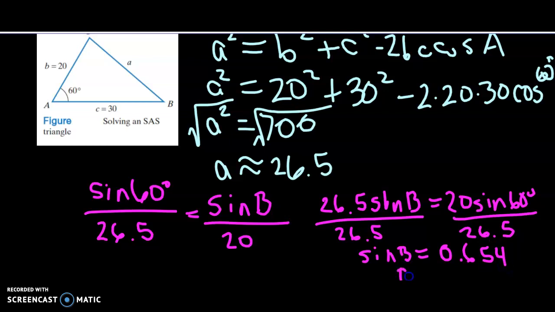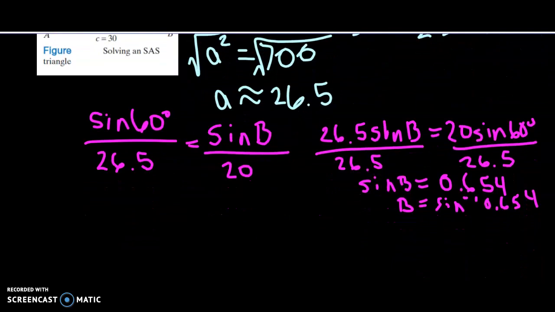What do we do now to solve for B? Remember, we take the inverse of that. So my angle B is equal, don't forget it's sine inverse, to the nearest degree, 41 degrees.